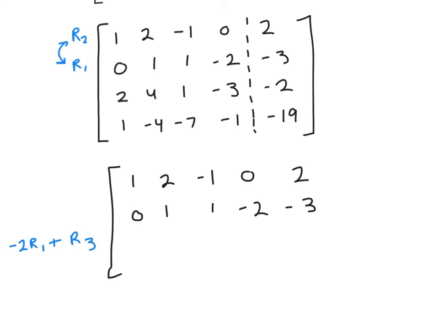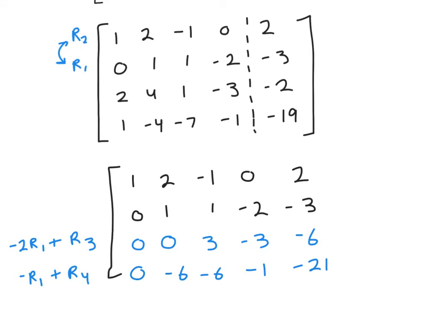So that will become 0, 0, 3, -3, and -6. And then down in row 4, we're going to do negative row 1 plus row 4, because that will cancel out our x term. So here we get 0, -6, -6, -1, and -21.